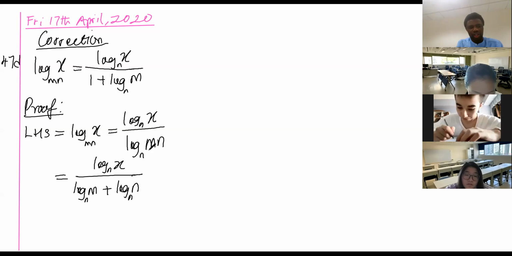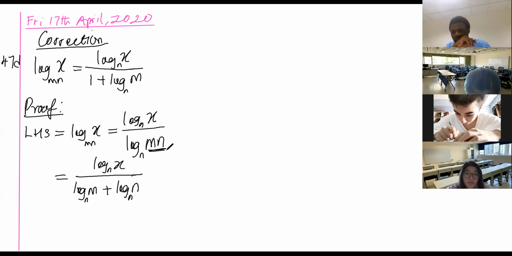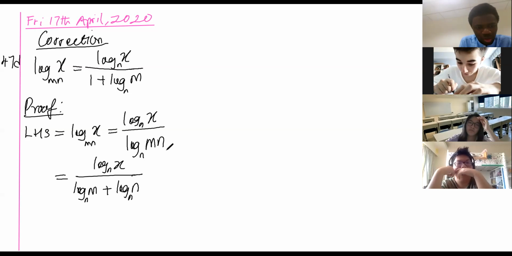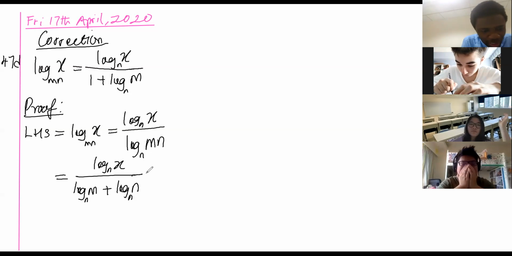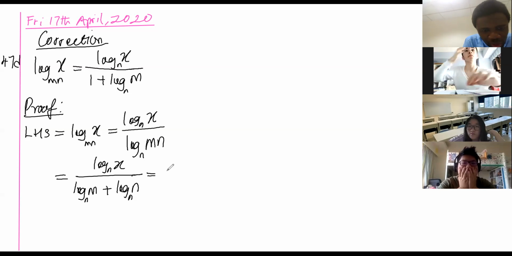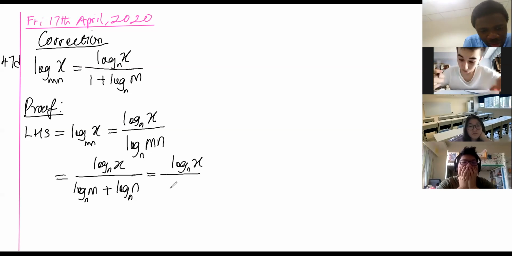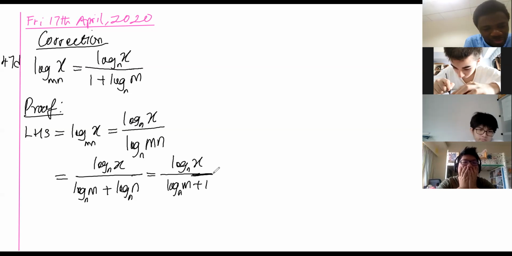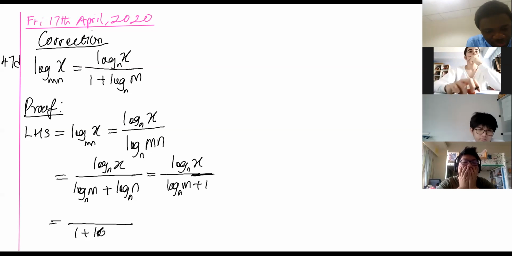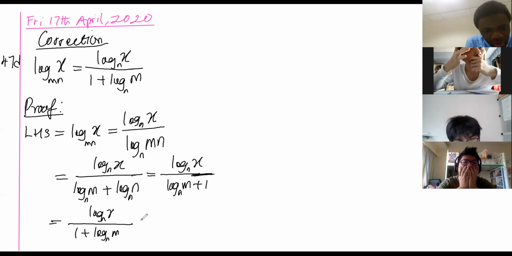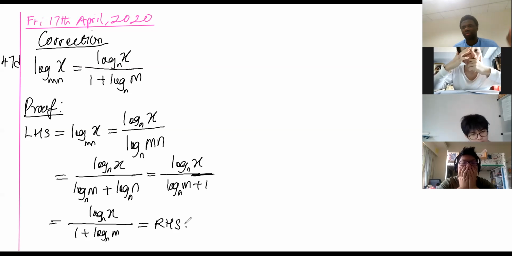Isn't that what will have given you mn? Okay, so what is this? You apply another principle: logarithm of a number to the same base is 1, right? So this is this plus 1. Can you see that, Alex? So all I need to do is rewrite it by putting 1 first, and I have that here. Then you can say which is equal to right-hand side, and that's the end of the proof.